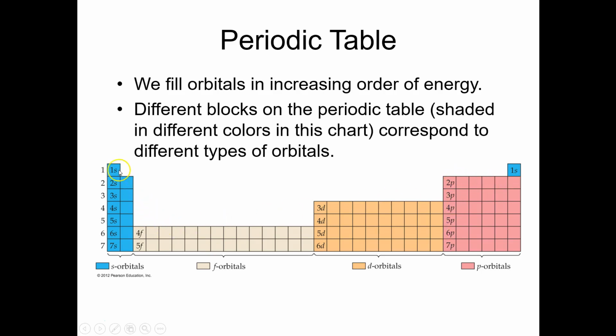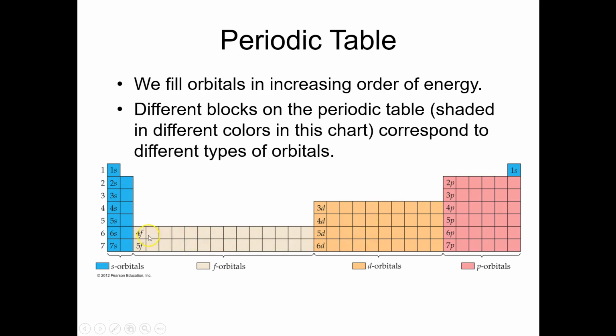So we call these two blue columns, groups 1 and 2, the s block, and we call groups 3 through 8 the p block. All of the transition metals are in the process of having their d orbitals filled.